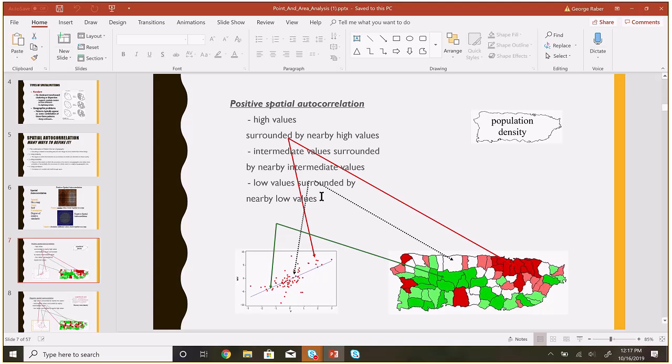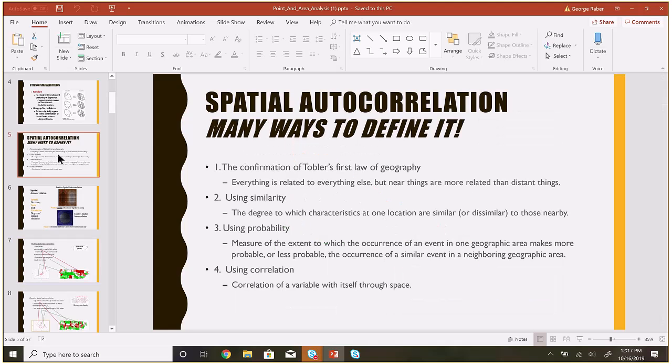Go back here to where I think I left off. There are different ways to measure and define spatial autocorrelation. Some of them are fairly qualitative. We talked about Tobler's first law of geography. That would be a qualitative definition of spatial autocorrelation.